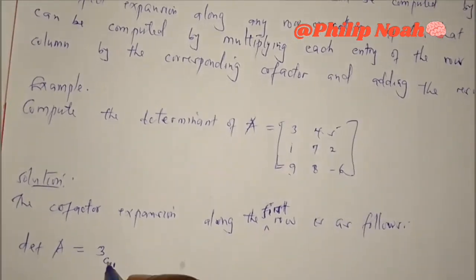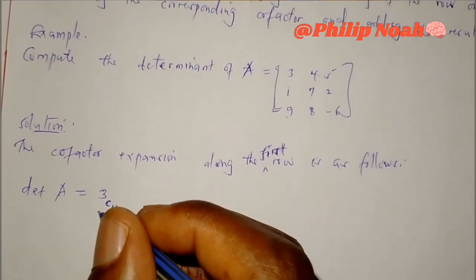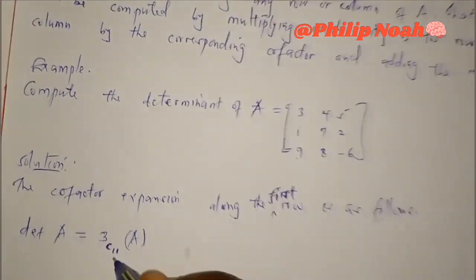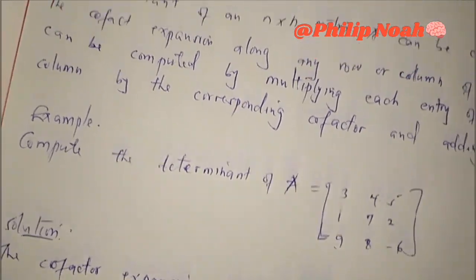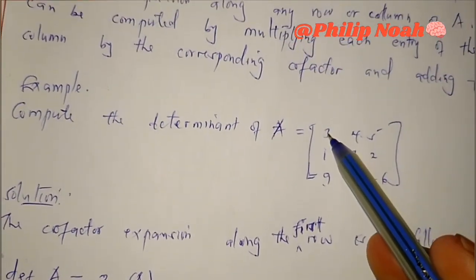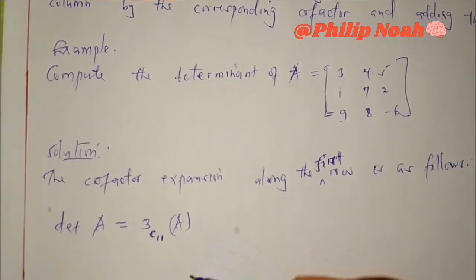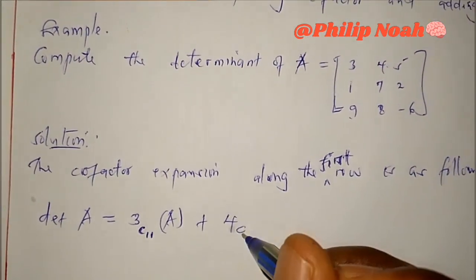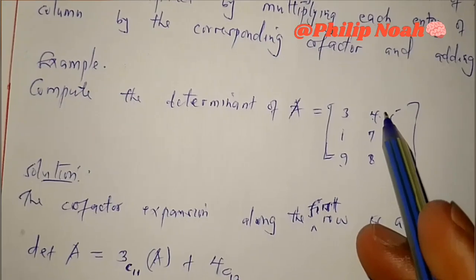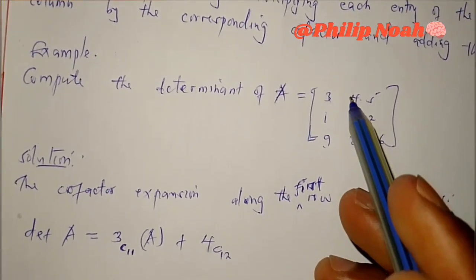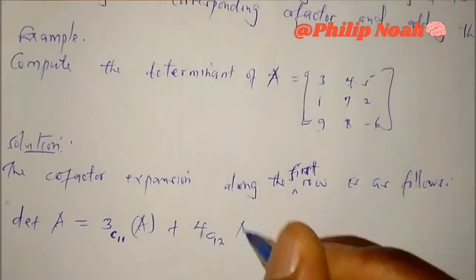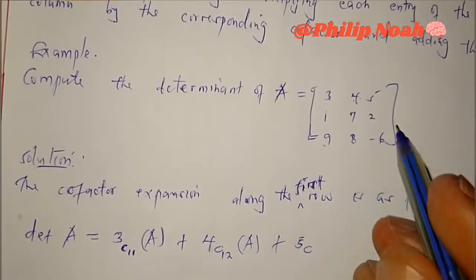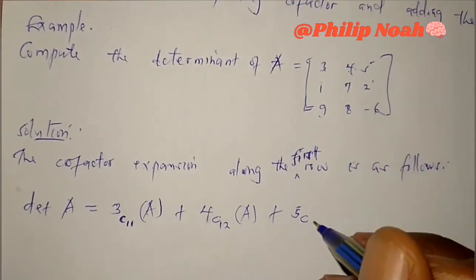You can see this C is for cofactor. A11, first row, first column. You can see 3 is in first row, first column. We add 4 C12. This is the first row, second column. Then we add 5 C13, first row, third column.